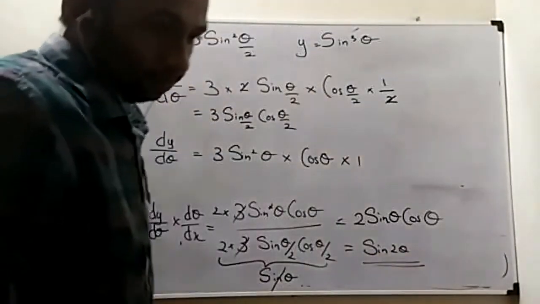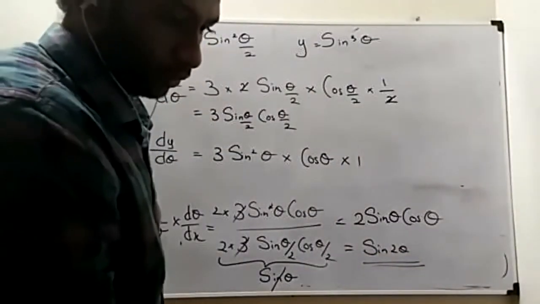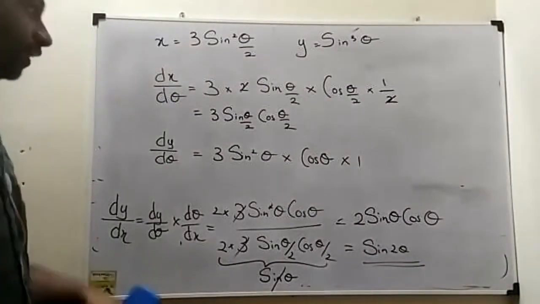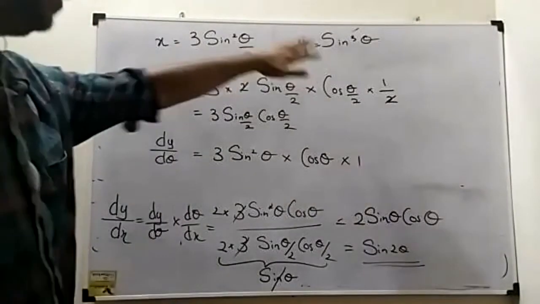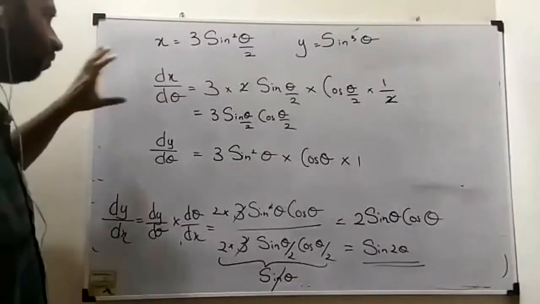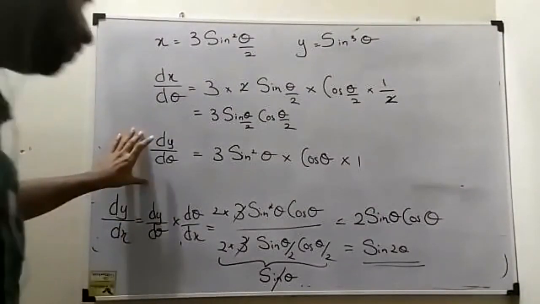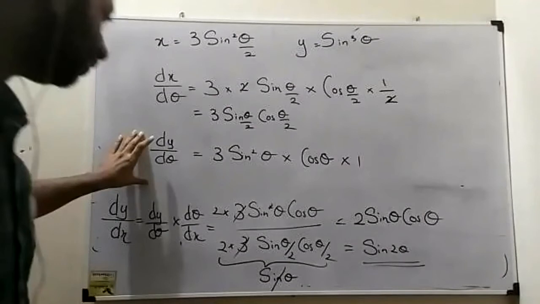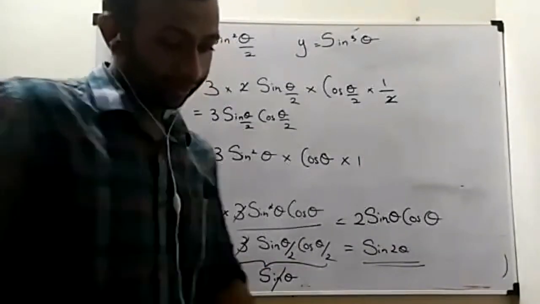So basically, that's the first part of the question. We've been given x and y in terms of theta. We need to find dy by dx, but first we find dx by d theta and dy by d theta, substitute them and simplify. We get the answer sine 2 theta.